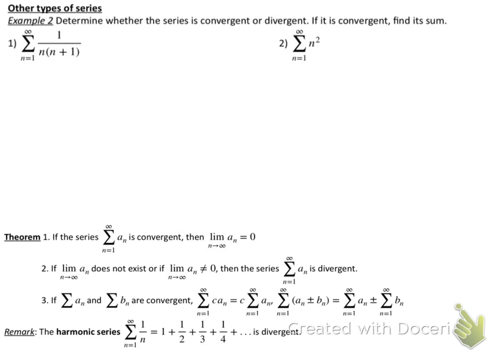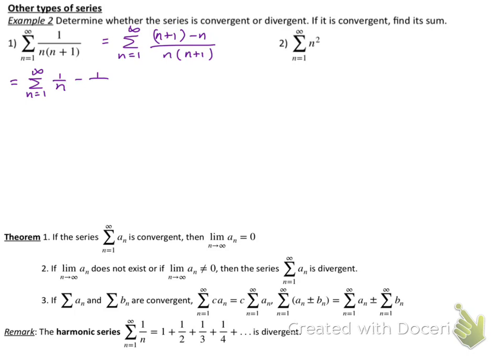So what you need to do with this particular fraction, or sometimes you can have a 5 if you want to, you can pull that number out anyway, is that you are going to say, oh, the 1 is actually n plus 1 minus n over n times n plus 1. Then you do the fraction minus the fraction. Okay, so this actually equals the sum from 1 to infinity of 1 over n minus 1 over n plus 1.